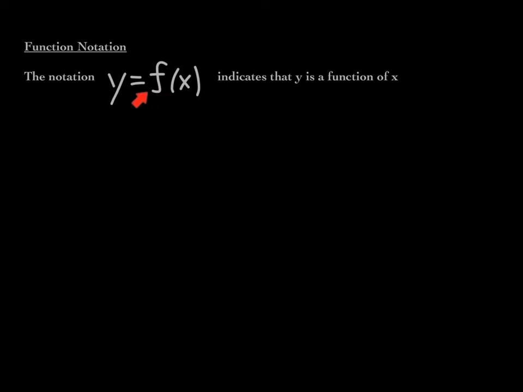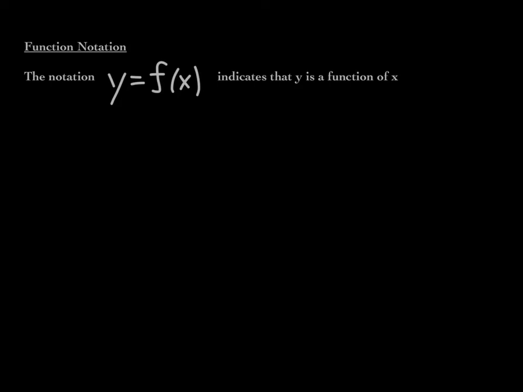So this is read as f of x. Say that with me. F of x. It's not fx, it's f of x, okay? This notation here is saying that y is interchangeable with f of x. So f of x just represents y. These two expressions mean the same exact thing.